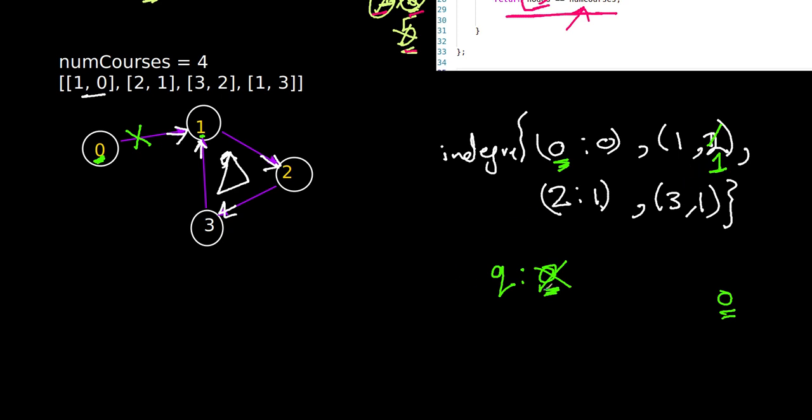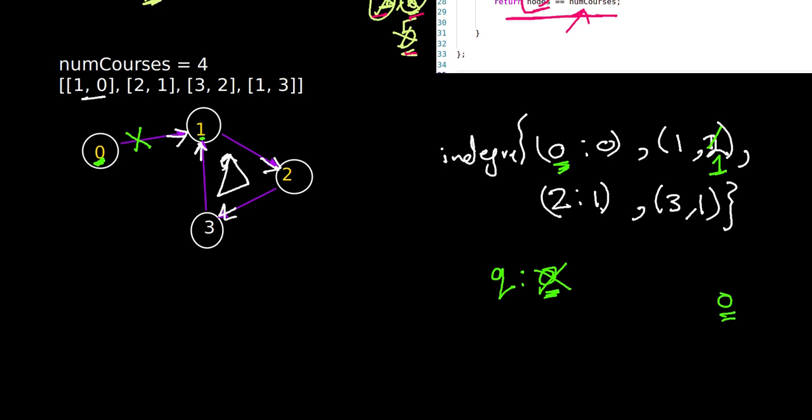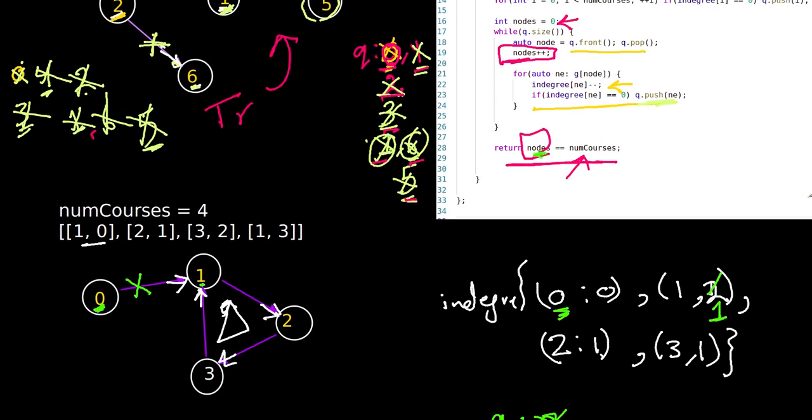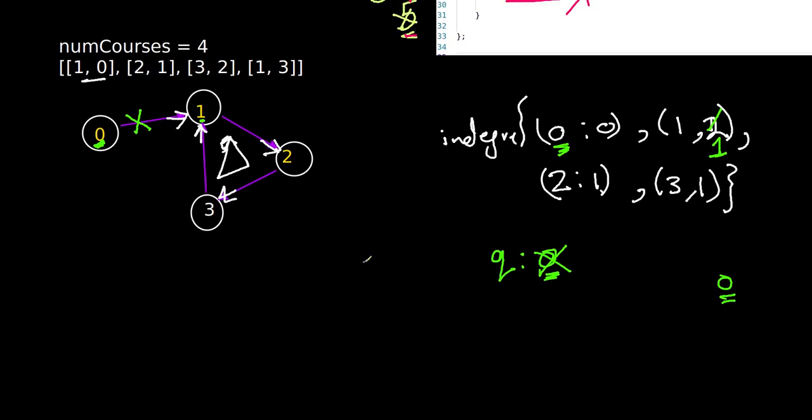Now after this step, the counter nodes becomes 1. It was initially 0, and we handled one node, so nodes plus plus will be 1.